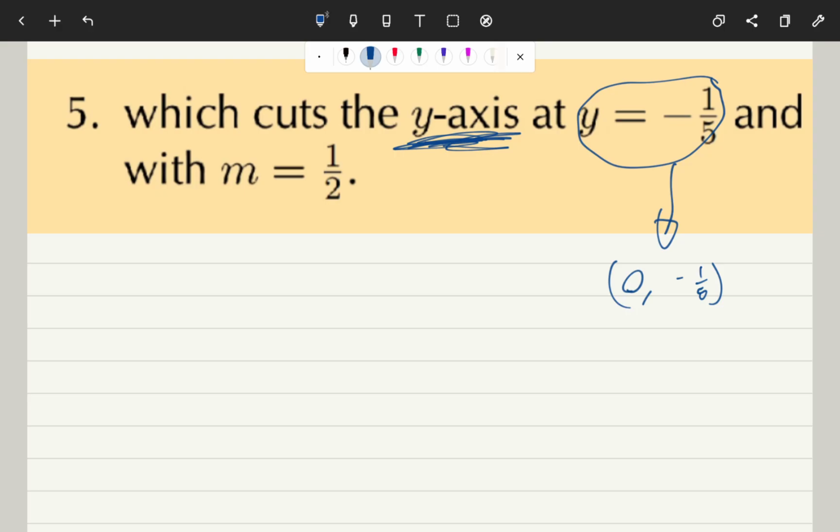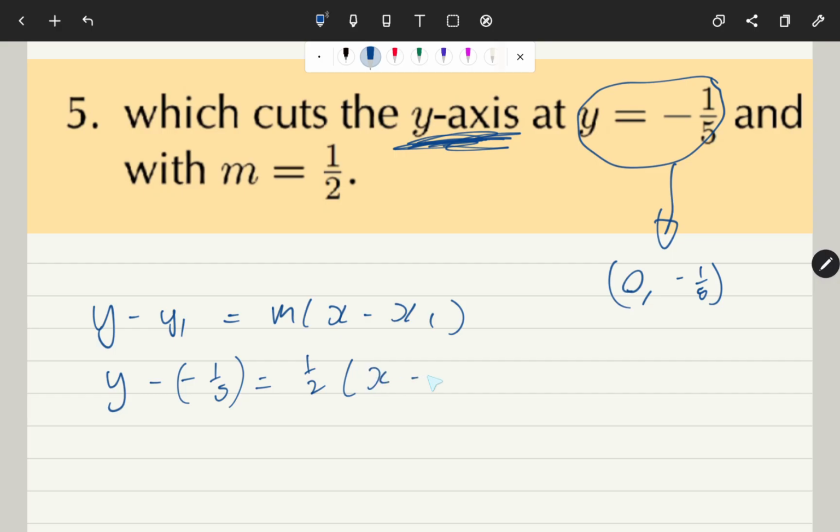Since we have the gradient, we can use y minus y1 equals m times x minus x1. Then you have y minus minus 1 over 5, equals 1 over 2 times x minus 0.